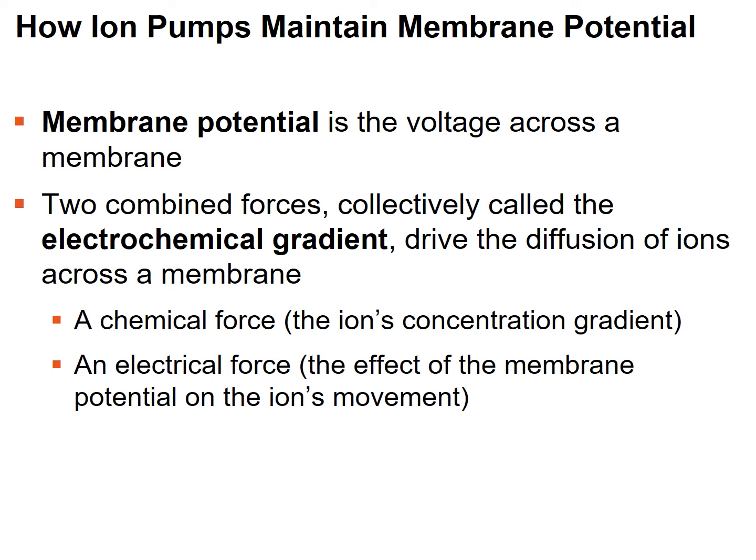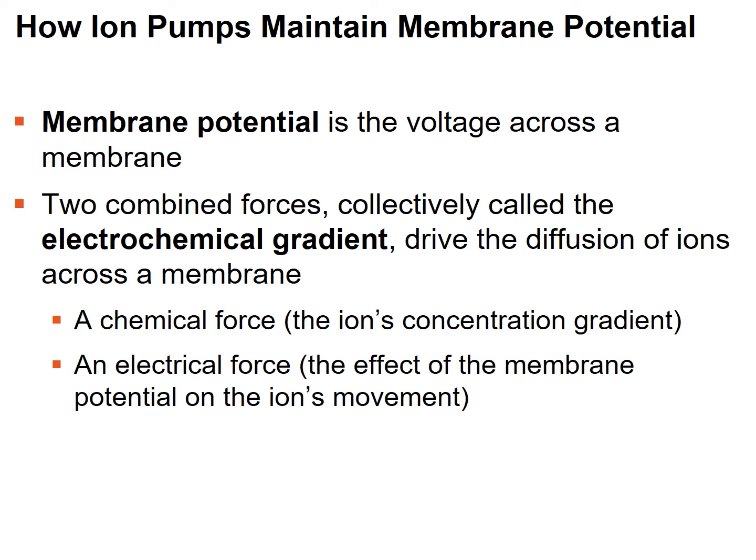The chemical force is basically a concentration gradient. What that means is that the concentration of the solute is higher on one side of the membrane than it is on the other side of the membrane. So that creates a gradient. And then we have the electrical force. This is basically the effect of the movement of the ions.